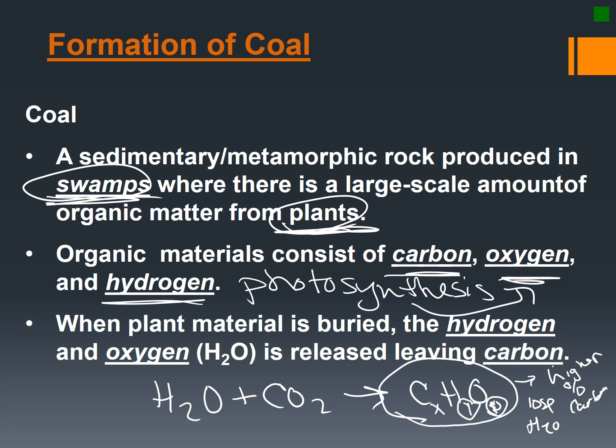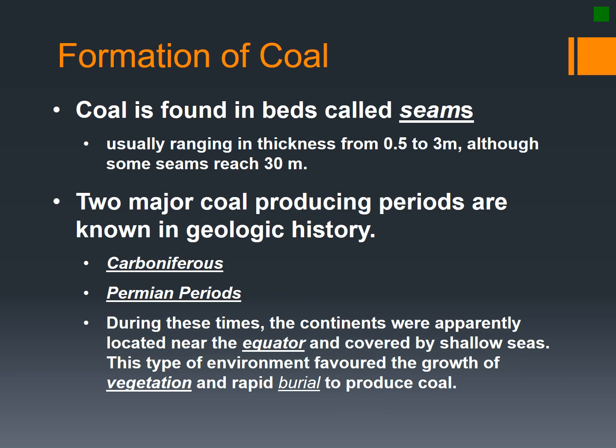Okay? So the plant starts with water and carbon dioxide, and converts it into this sort of CHO molecule. Then it dies and goes under a lot of pressure. You lose some of that water by it being squished out, and now you end up with a higher percentage of carbon.